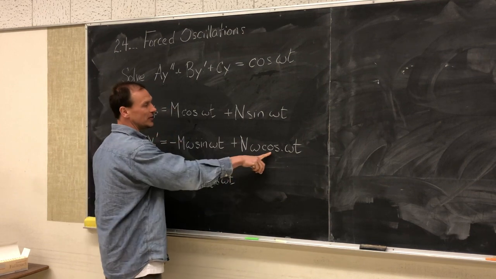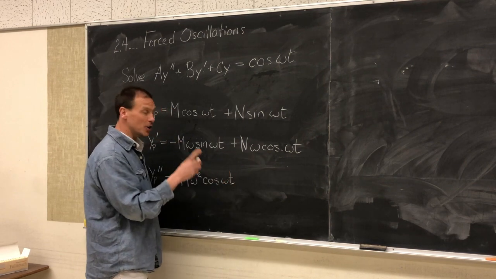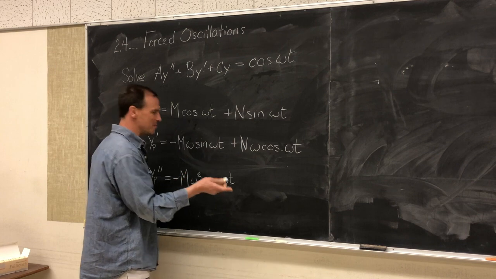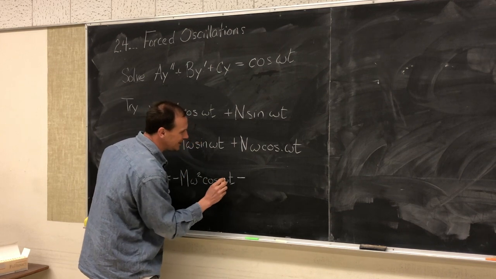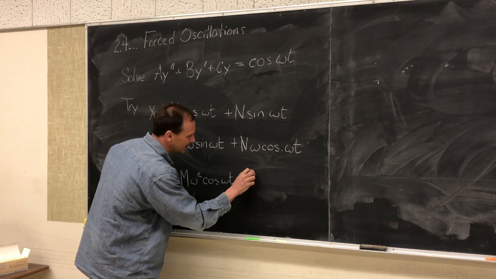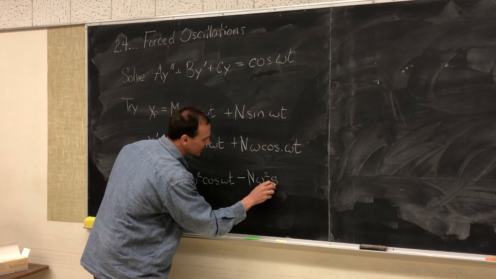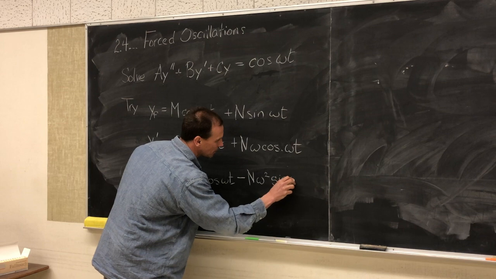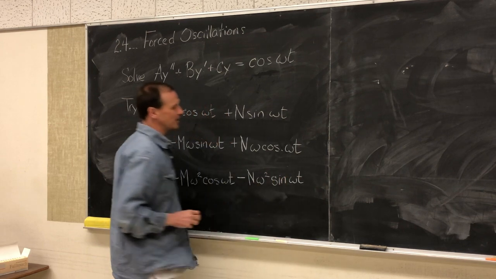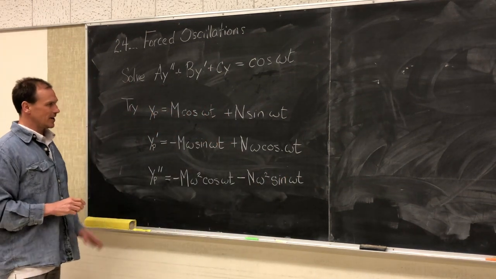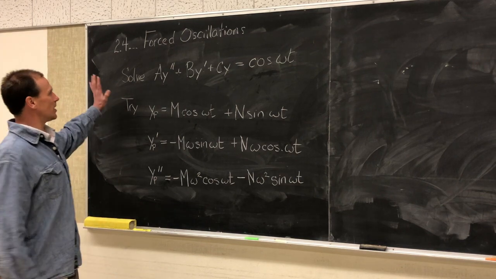Plus, this is going to be a minus now, the derivative of cosine is minus sine, minus n omega squared sine omega t.